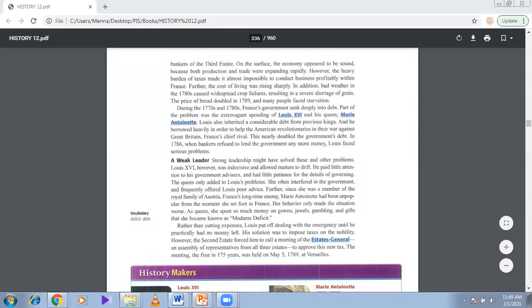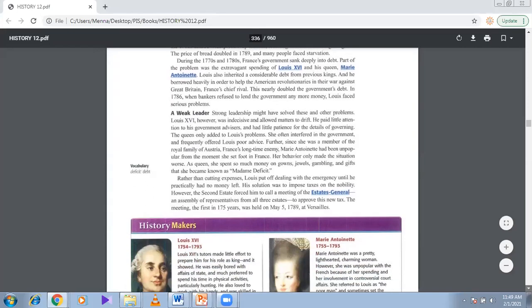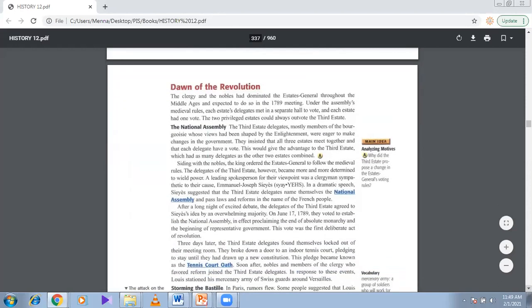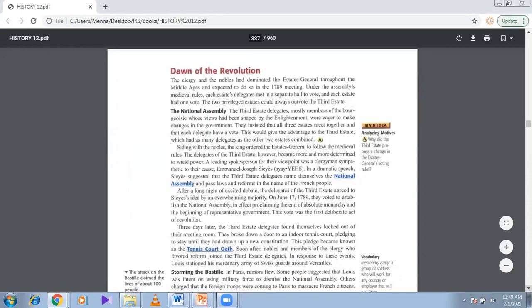And this assembly is going to pass on laws on behalf of the French people, and that they will not listen to anything that has to do with the French monarchy.